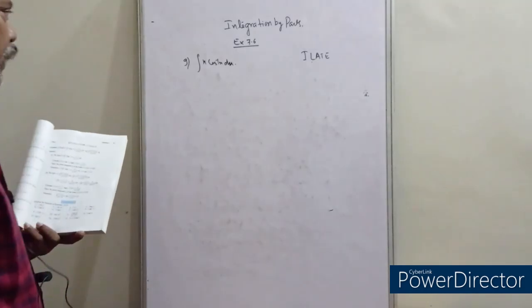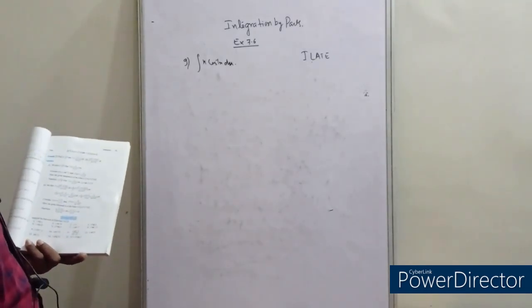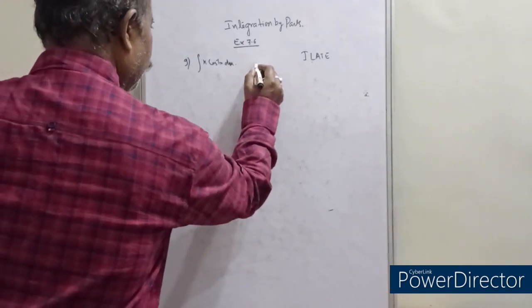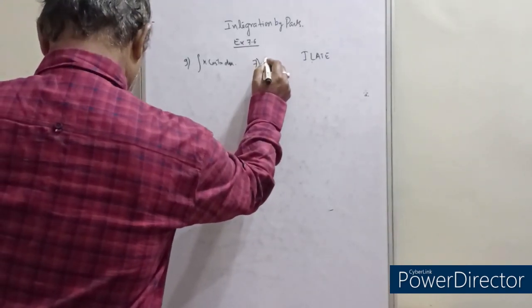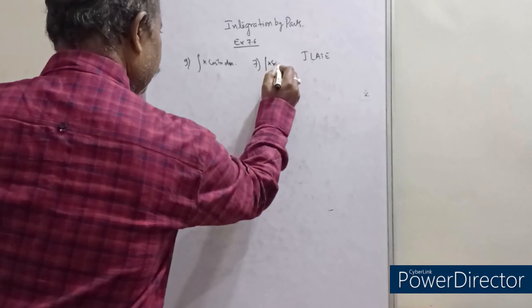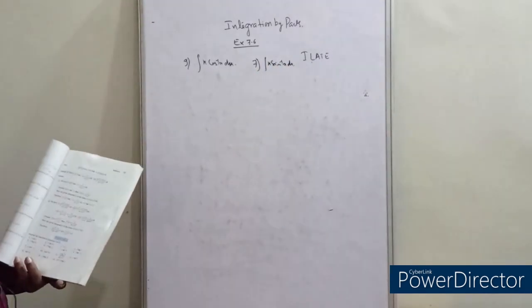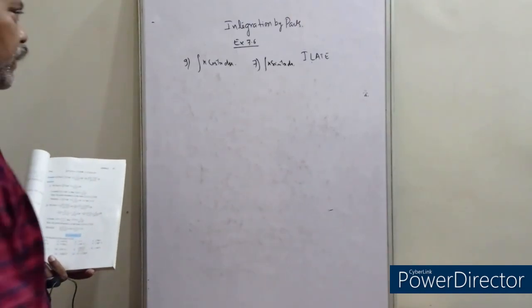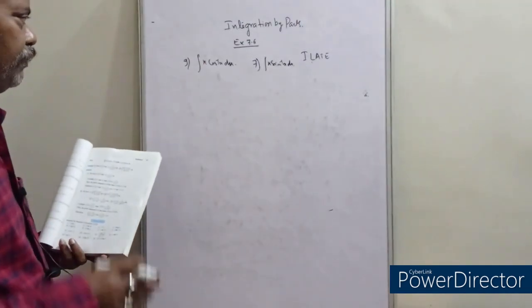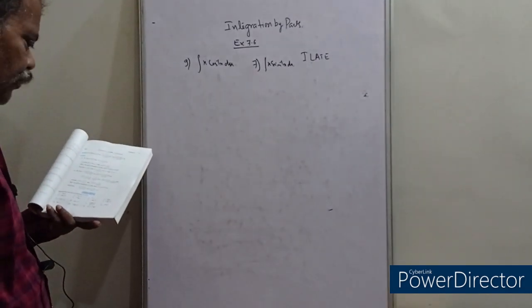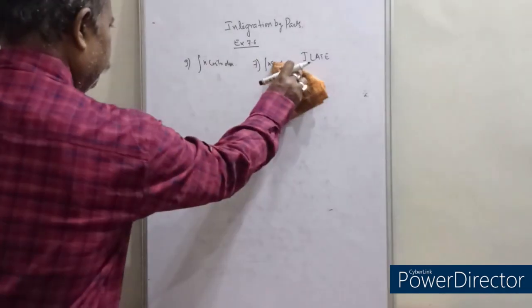The adjustment and everything will follow the same procedure which I have already done in question number 7, that is x sine inverse x dx. So I think you can do it. I am going to the next question, that is question number 10.